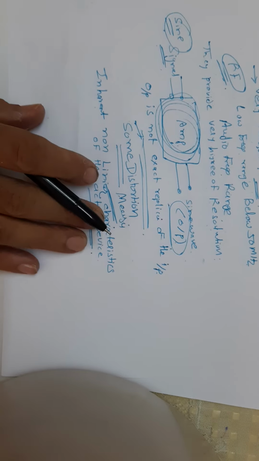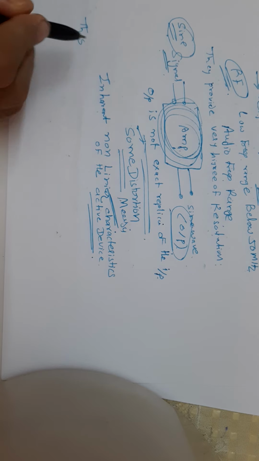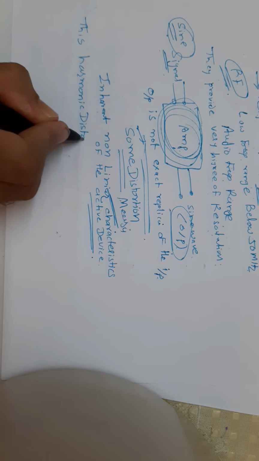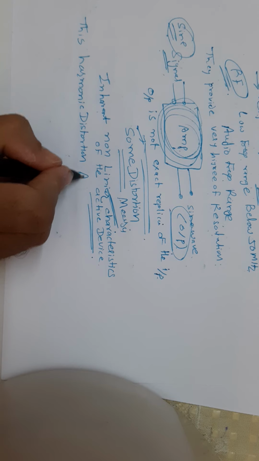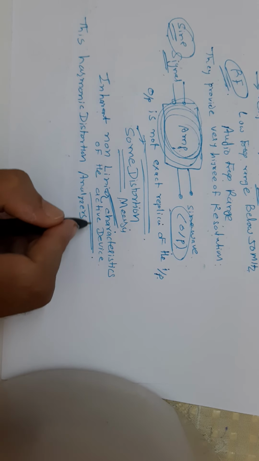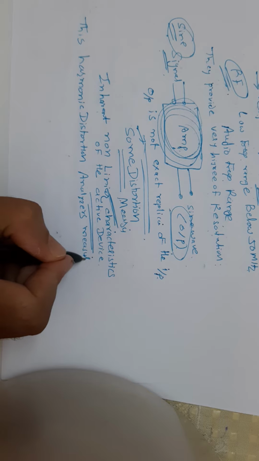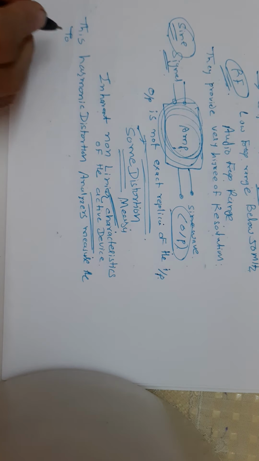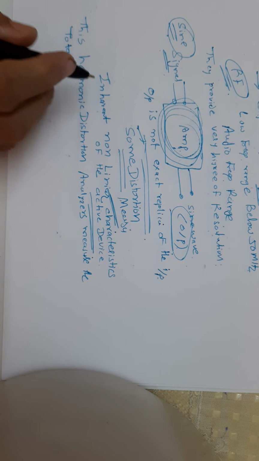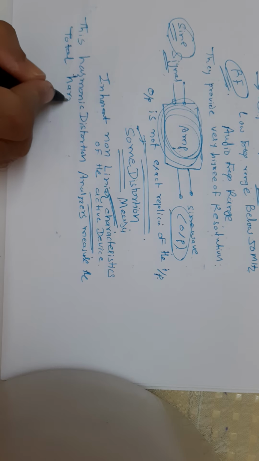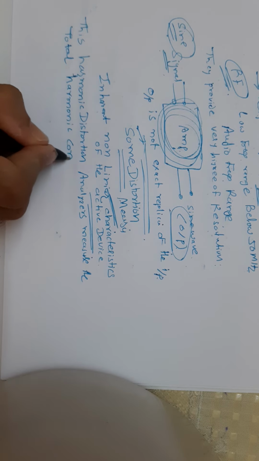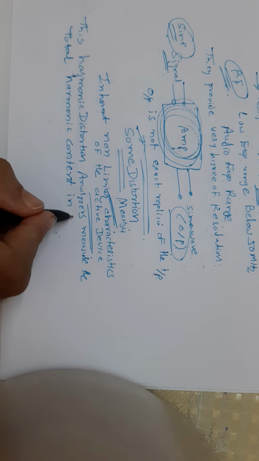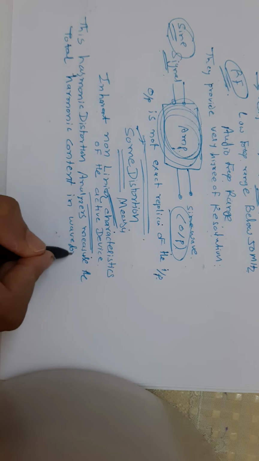That means the function of this harmonic distortion analyzer is to measure the total harmonic content in the waveform. Which waveform? Output waveform.